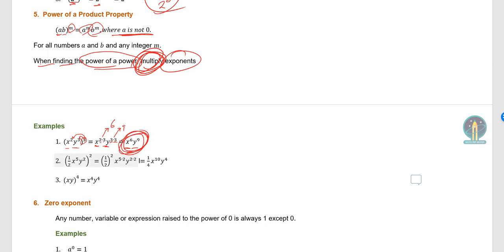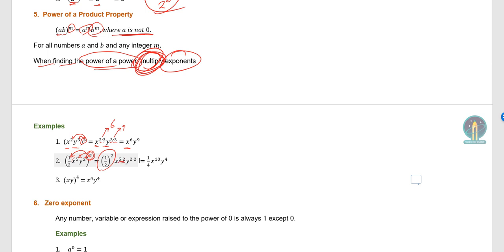Okay, 1/2 x to the 5th times y squared, all in parentheses, all raised to the second power. This one is a little packed up, so let's try to unpack it. So the second power, again, distributes to all the different items in the parentheses, right? So it distributes to the 1/2, so you get 1/2 squared. And then the 2 distributes to the x to the 5th, so it becomes x to the 5 times 2, right?